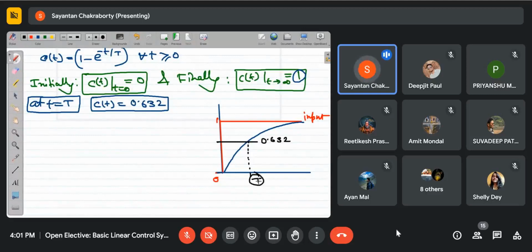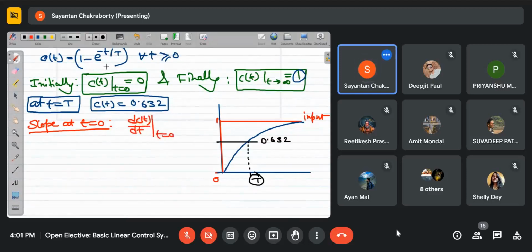Now, this time constant has a very interesting definition. That is, it can also be depicted in other form: the slope at t equal to 0. What is the slope? That is dc(t)/dt at t equal to 0.